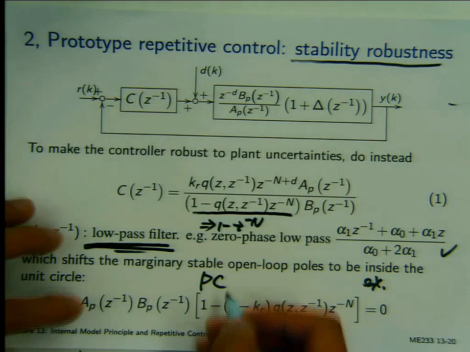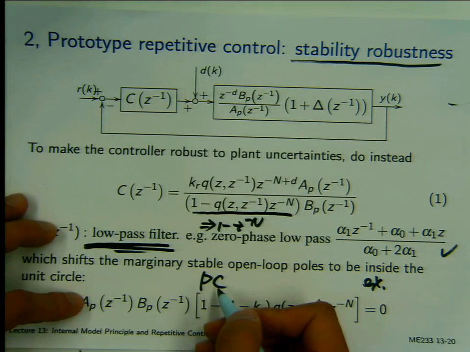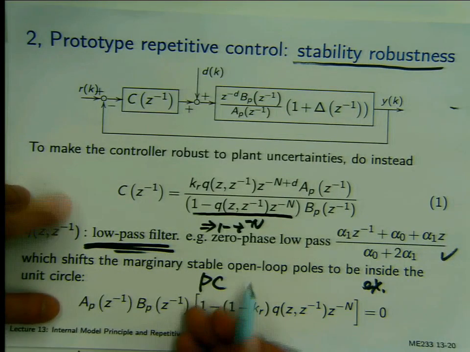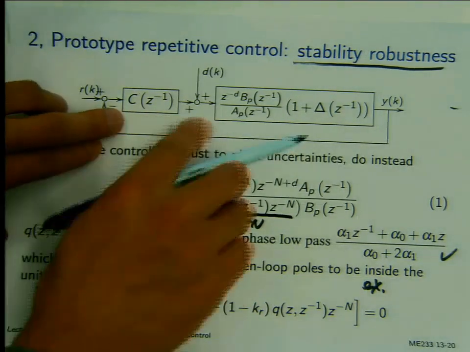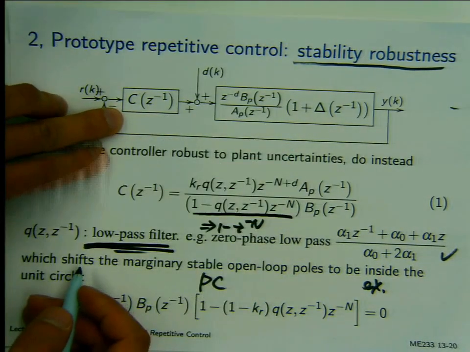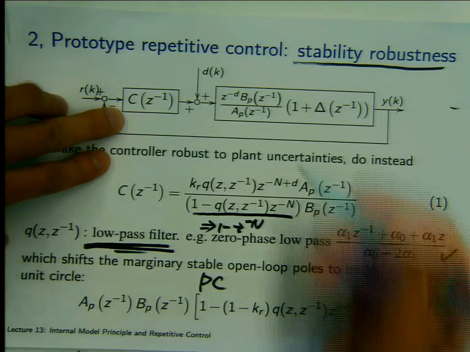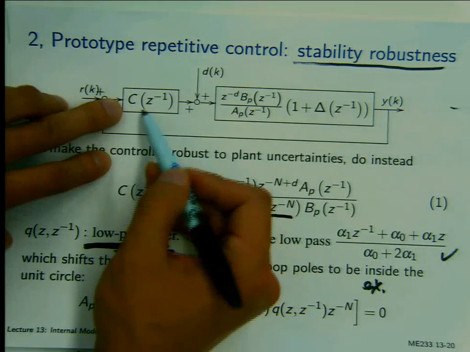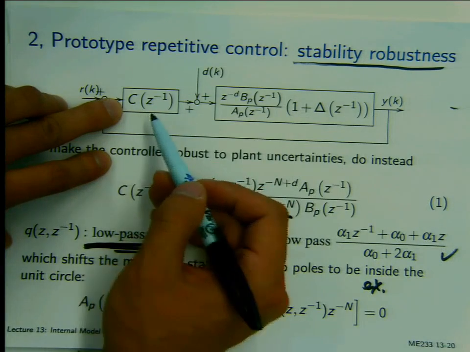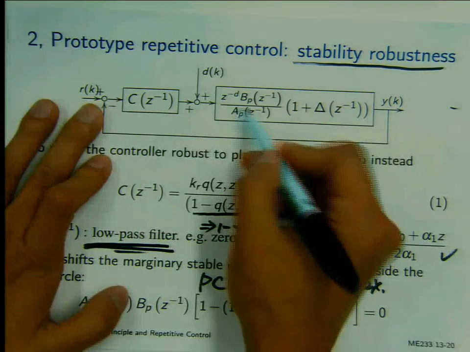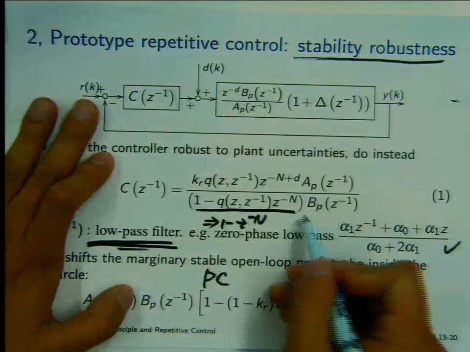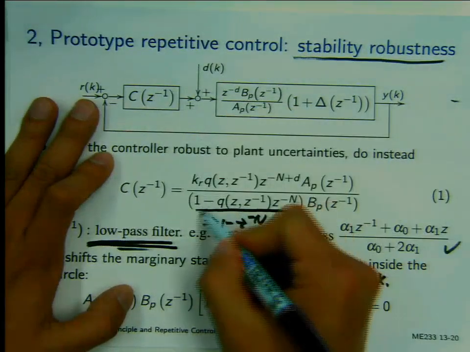I meant open loop poles. What are the open loop poles in this case? It's going to be the poles of the plant, then the poles of the controller, right? The poles of the plant are all stable, so we don't need to worry about that. The zeros of the controller, now something very interesting comes up.